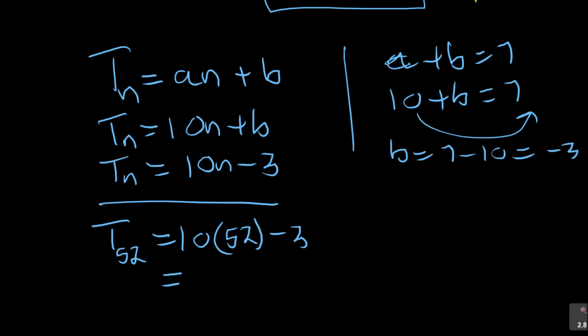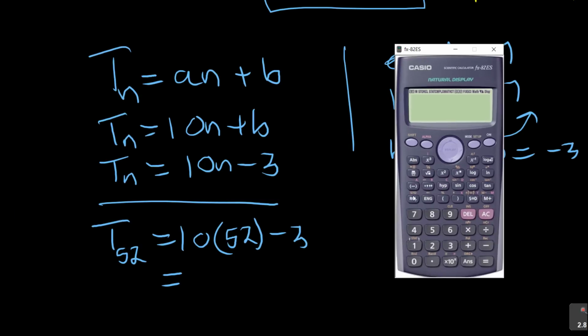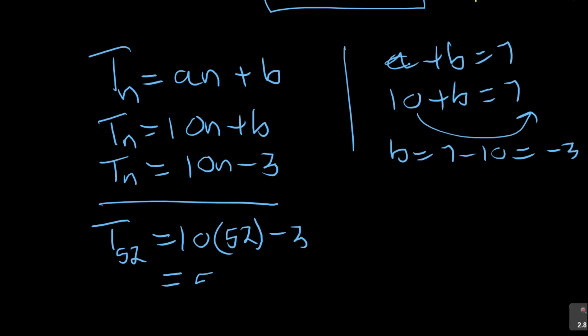I don't want to lie, for grade 10, this is your high-end question. So it becomes 10 times 52 minus 3. Then becomes 517. You see, this number also ends with a 7.